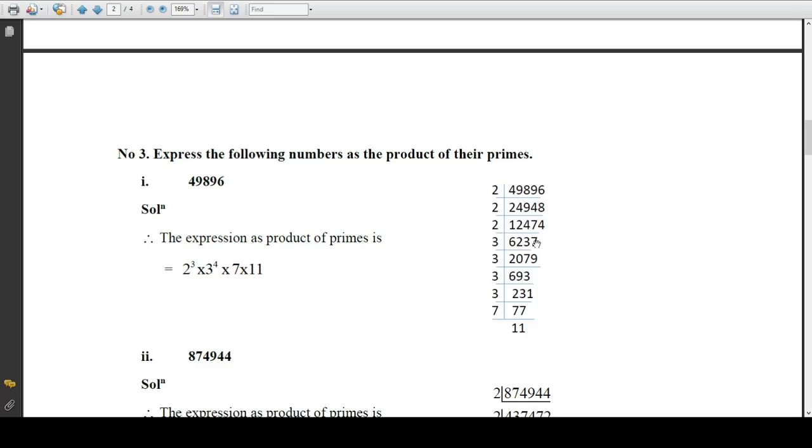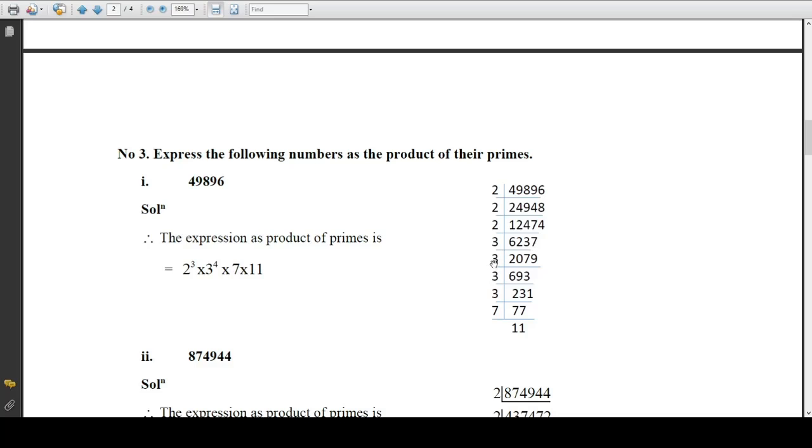Then you have the unit digit ending in 7, you cannot divide by 2, you go by the next prime, which is 3. 3 2s are 6, 3 0s are 0, remainder 2 with 3, 23, 3 7s are 21, getting remainder 2, 2 with 7, 27, 3 9s are 27.